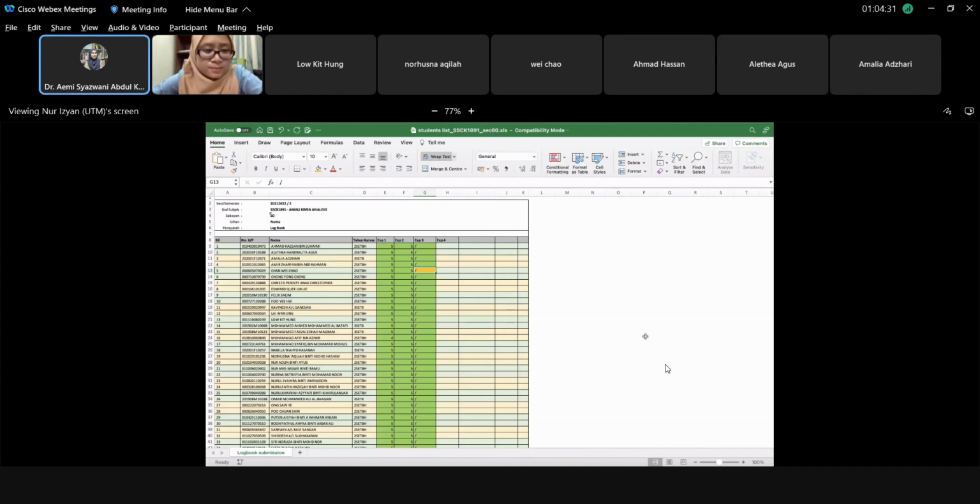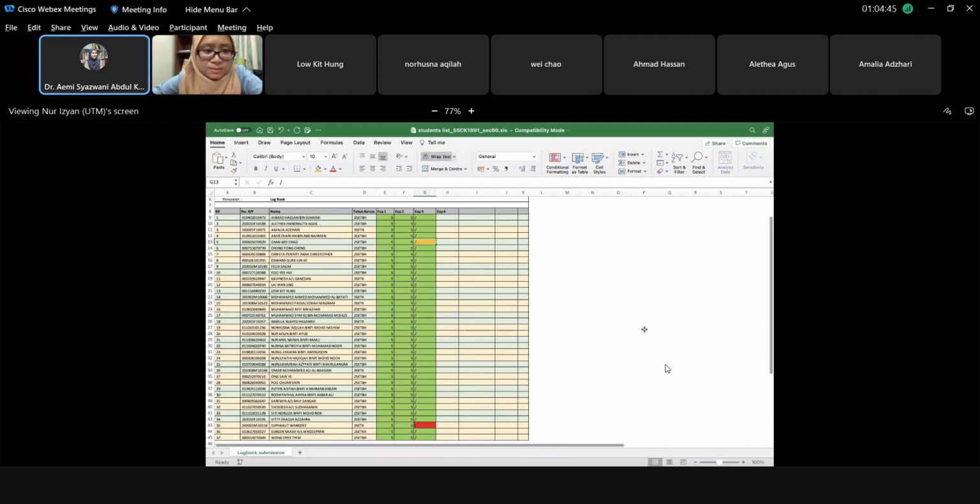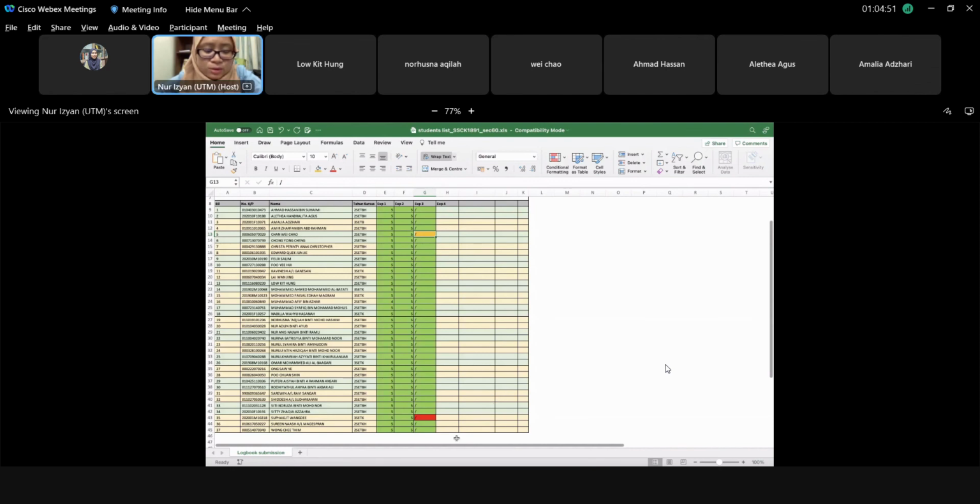Because of that, you have to understand that we have to deduct the mark for lecture observation. How about your logbook? Is your logbook already uploaded? Yes, yesterday already uploaded. Only Supaklit haven't uploaded his logbook.